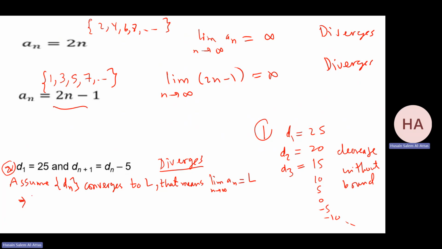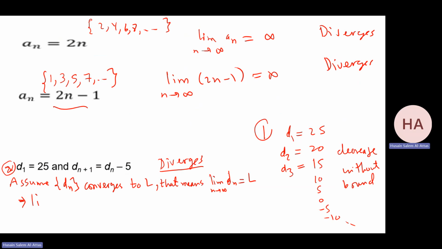And what is the limit? He's using d, not a. What will be the limit of d(n+1)? It will go to the same L. It should converge to the same value.